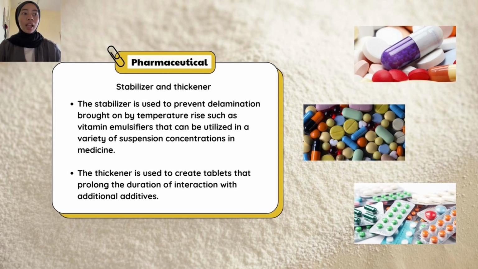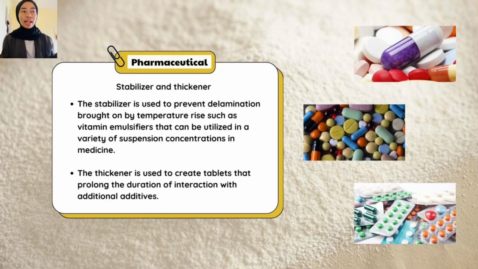In order to prevent delamination that is brought by temperature rise, stabilizers such as vitamin emulsifiers can be utilized in a variety of suspension concentrations in medicine, and it can also be easily dissolved in cold water. And last but not least, xanthan gum can be used as a thickener to create tablets that prolong the duration of interactions with additional additives.